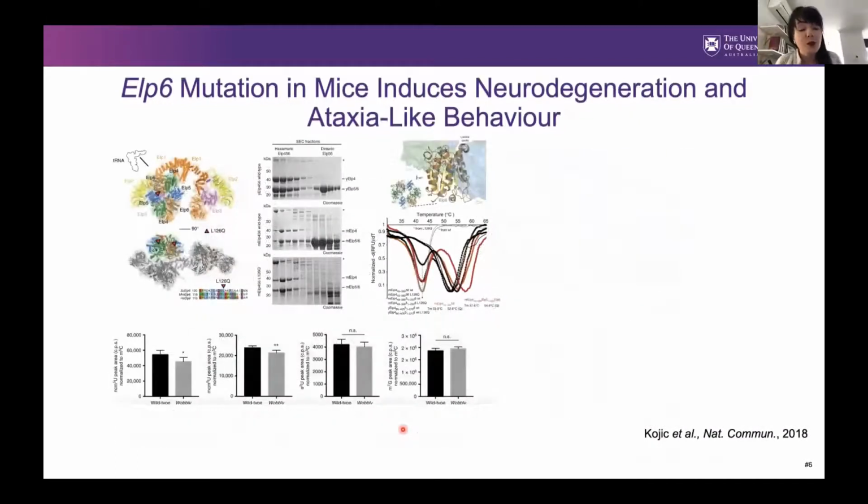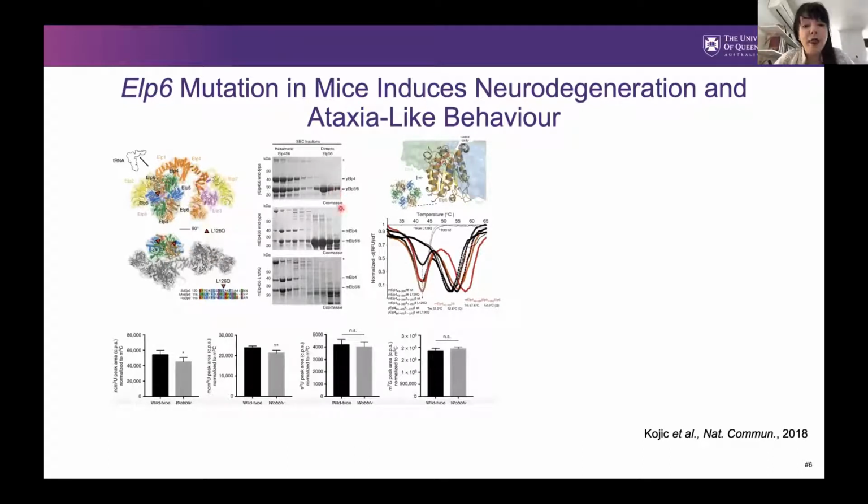Then we were the first to study mammalian elongator subunits in vitro, because all the knowledge we have so far on the biochemistry of the elongator complex comes from studies in yeast. So in collaboration with Sebastian's Glatt lab, we introduced ELP6 mutations in vitro and co-expressed these subunits in a cell-free system.